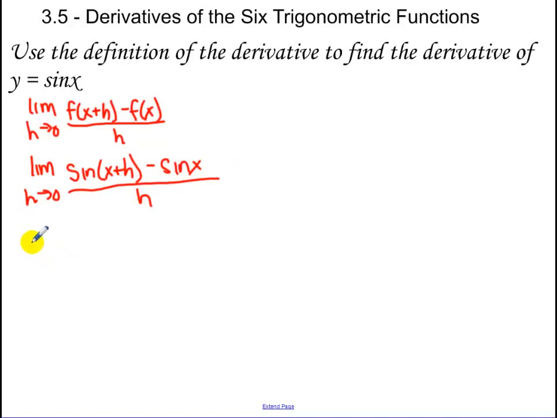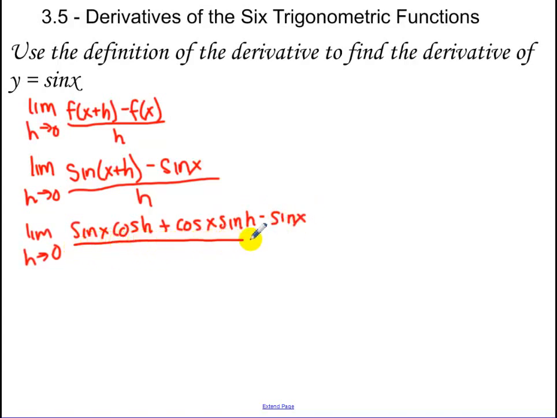Now we have to use our sum and difference formulas to expand that sine of x plus h. So that's sine x cosine h plus cosine x sine h, minus the sine of x, all over h.